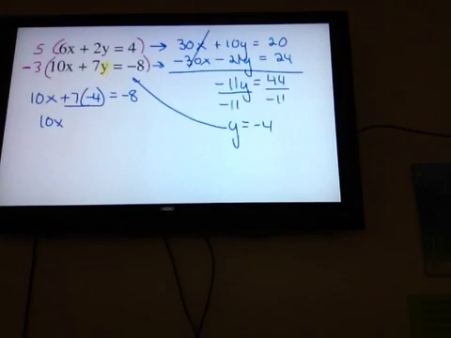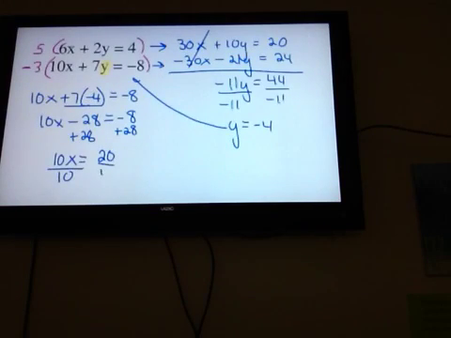Multiply 7 times negative 4 is negative 28 equals negative 8. Add 28. So 10x equals 20. And divide by 10. And x is 2.